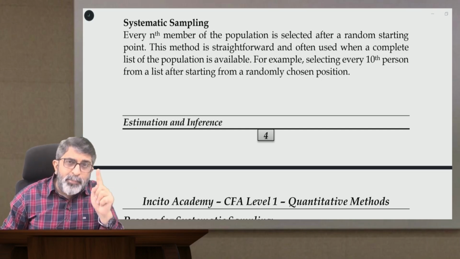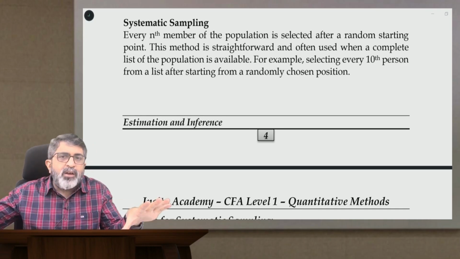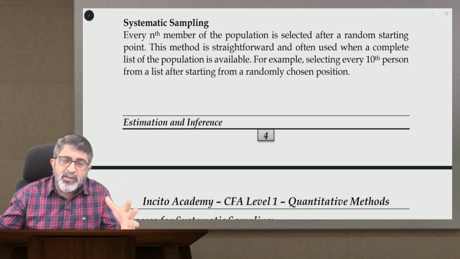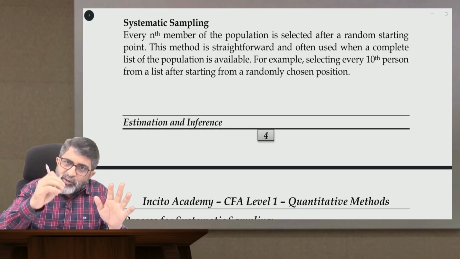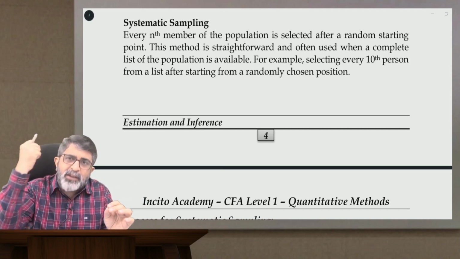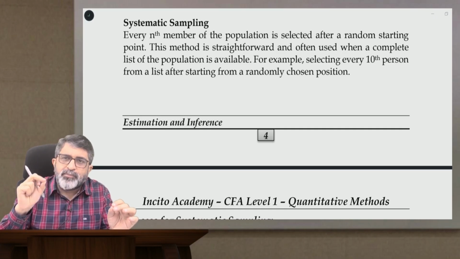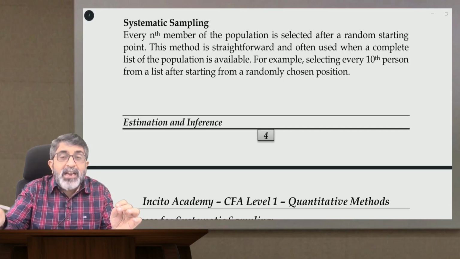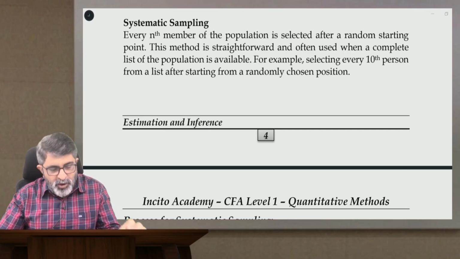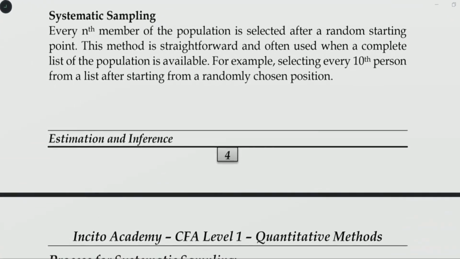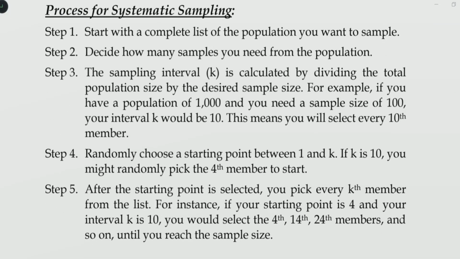So you are applying randomness in the whole spread where you have arranged the whole population randomly, but the selection you are making is not random from any lot, it is systematic. You are picking certain intervals and starting with a certain point. That is what we call systematic sampling. So let us observe the process of systematic sampling.